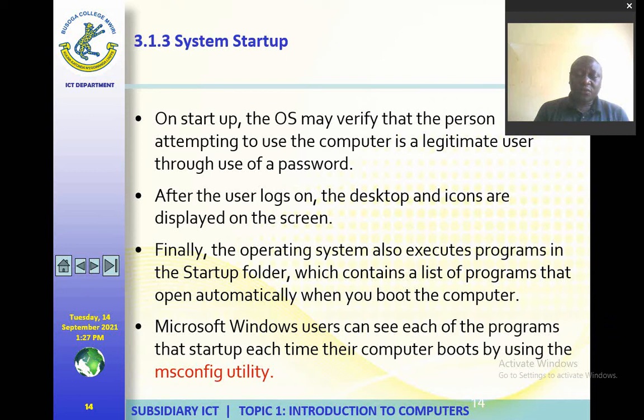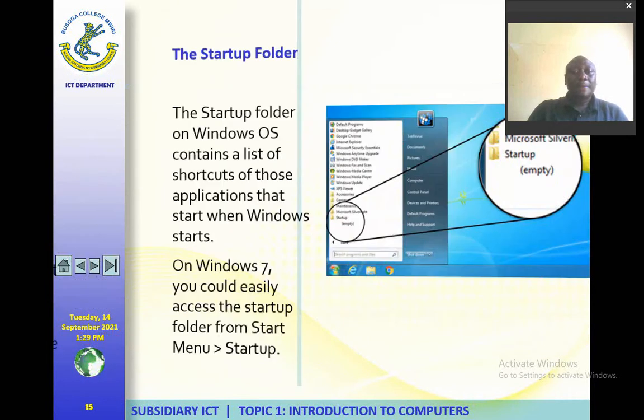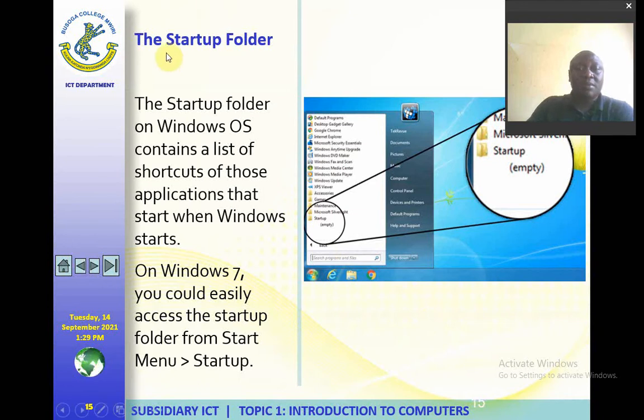Now, in Microsoft Windows, users can see each of the programs that start up each time their computer boots by using the msconfig utility. So this is the startup we are talking about. You can see the startup folder.